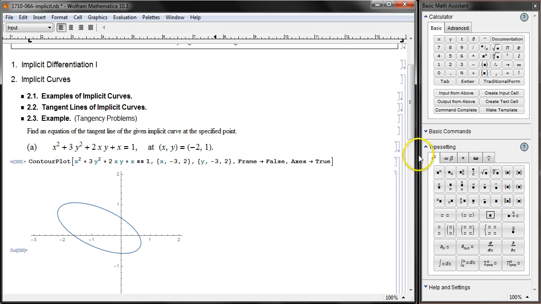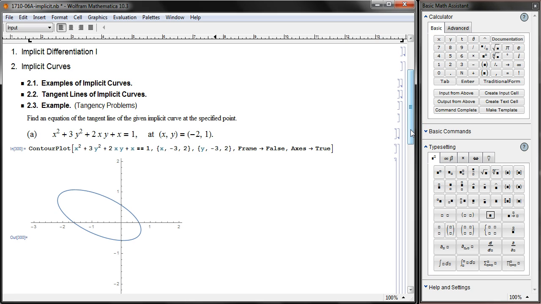Okay, here's the curve. Looks like we're going to get an ellipse, which is a little bit tilted. And negative 2 comma 1 is around here. So you're going to get a tangent line touching kind of like this. So it looks like the slope is going to be positive just by looking at the graph. Anyway, let's find out the precise solution.